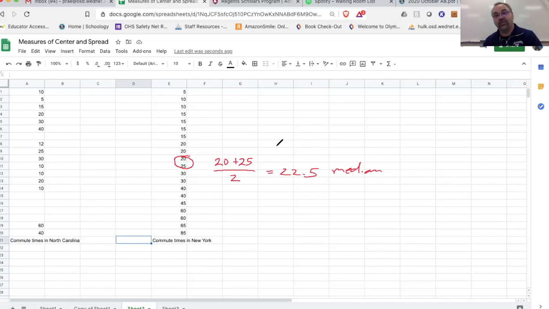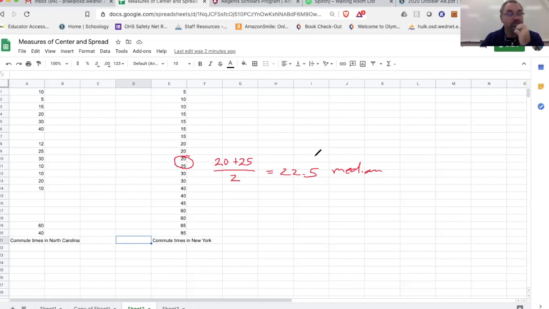The mean doesn't have to be even possible in your data set. Neither does the median. The only one that is for sure going to be one of your data points is the mode. The mode has to be in the data set because it's the most frequent one. But the other two measures of center, they're mathematical, so they don't necessarily have to be even possible. So in this case, yeah, 22.5 is our median.